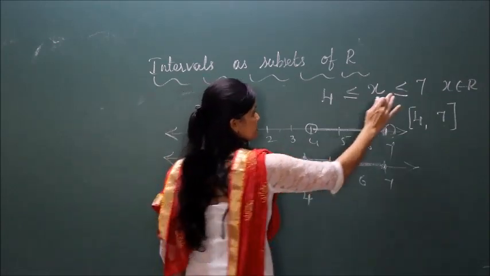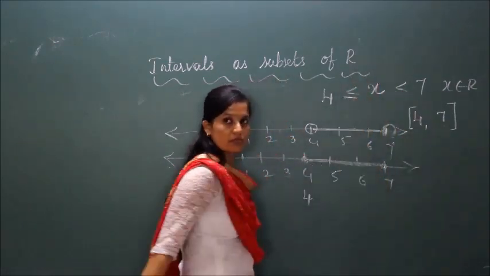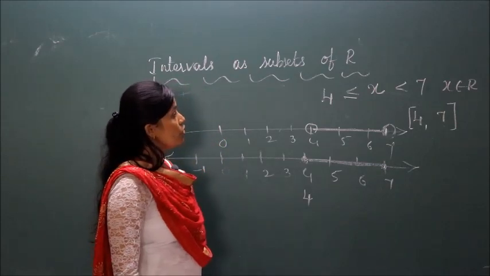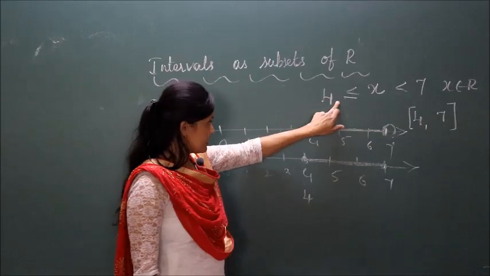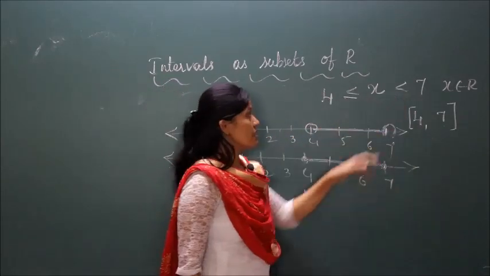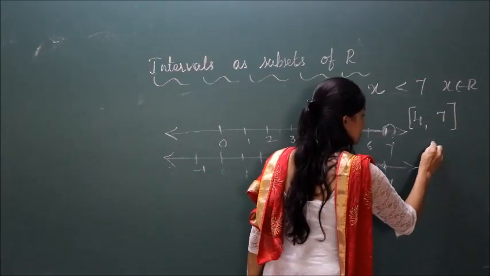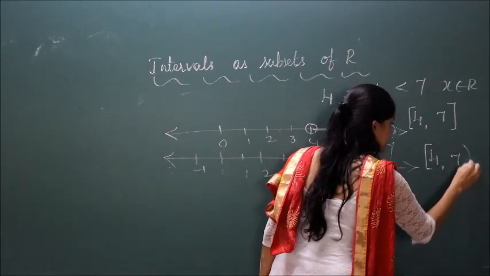Suppose it is like this, x is greater than or equal to 4, less than 7. What is the meaning? 4 is there in the set, but 7 is not there in the set. So you have to write it like this: [4,7).